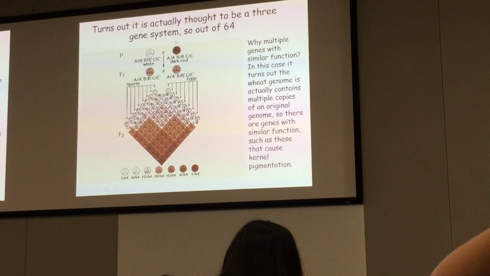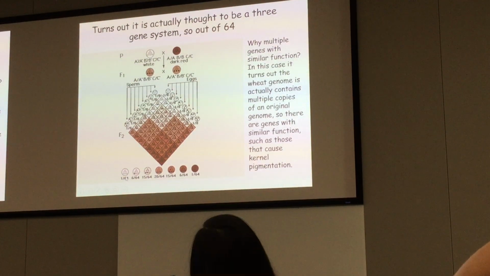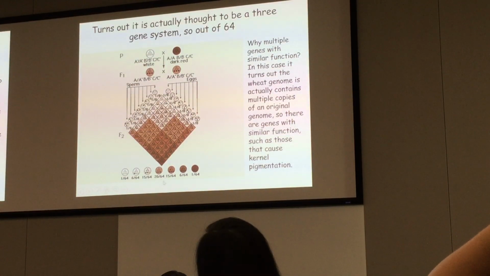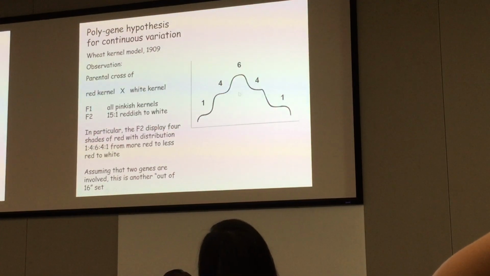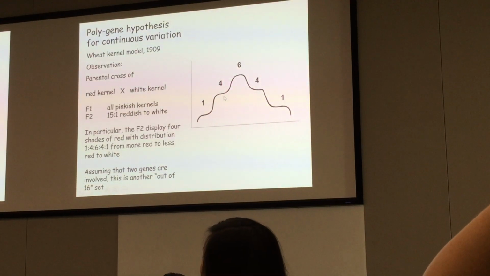So in this case, if we imagine it really to be a 3-gene system, more complicated than the original 2-gene system, you get 1 out of 64, at one end, fully white, 6 out of 64, 15 out of 64, 20, 15, 6, 1 again, right? So the curve starts to smooth out even more when you talk about the contribution of more and more genes. Okay?